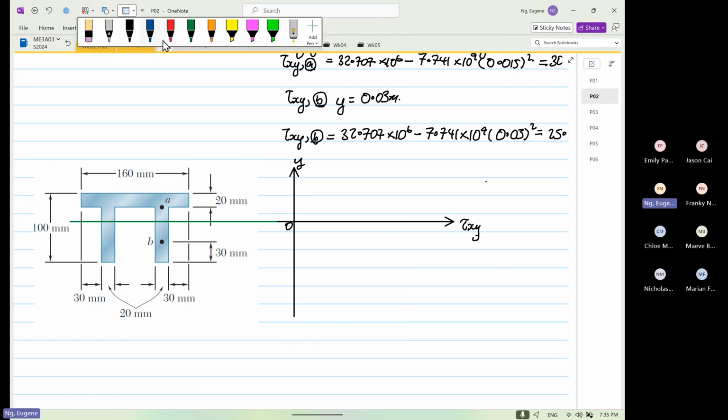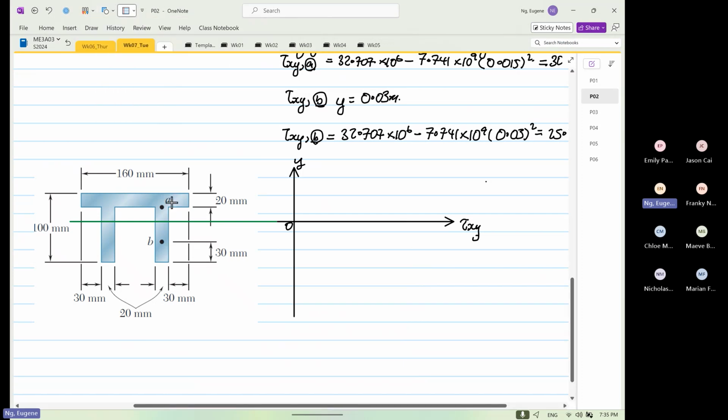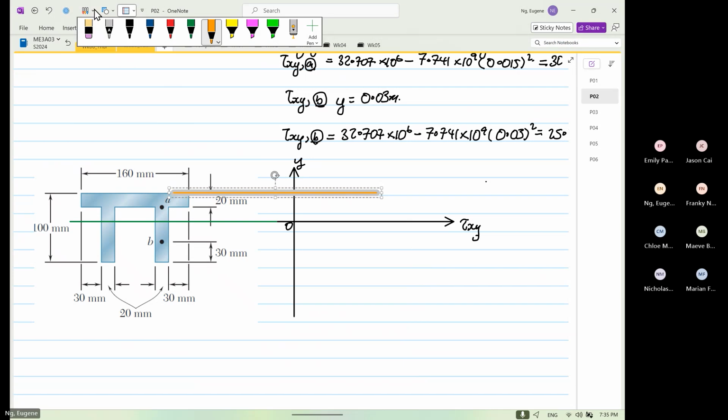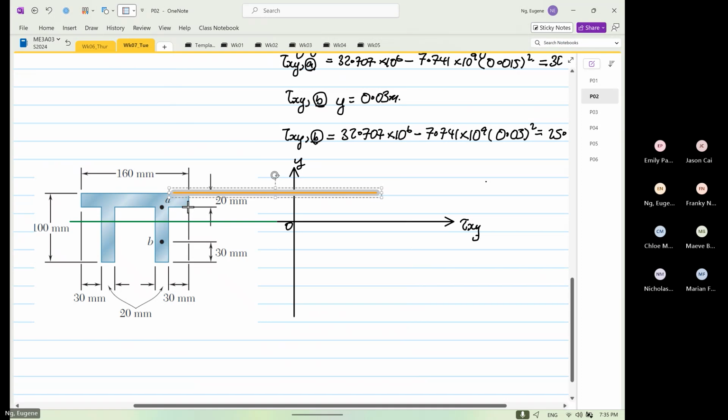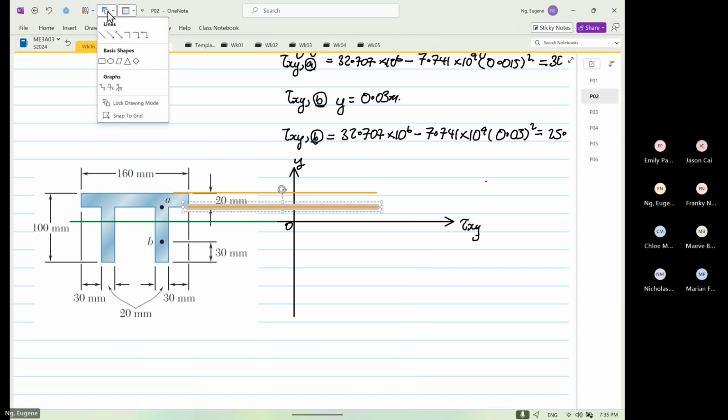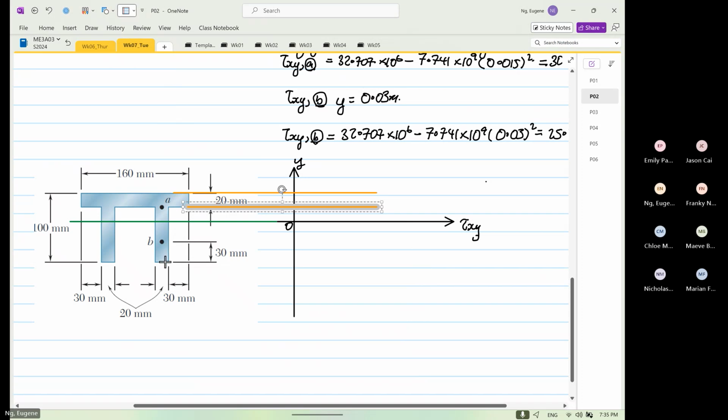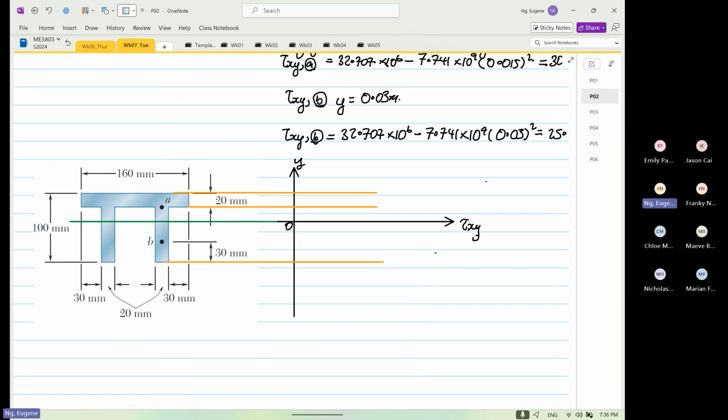And if we were to draw our boundaries, again, this is just a sketch.